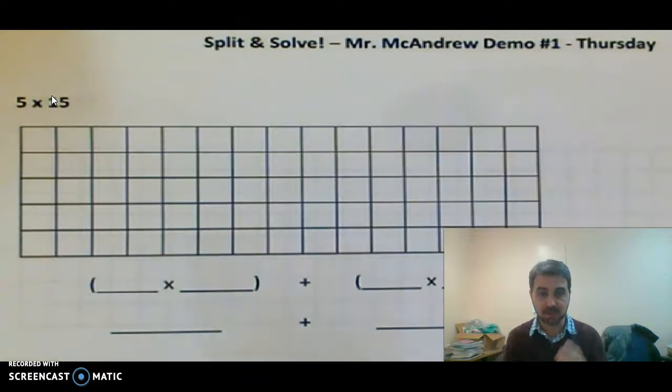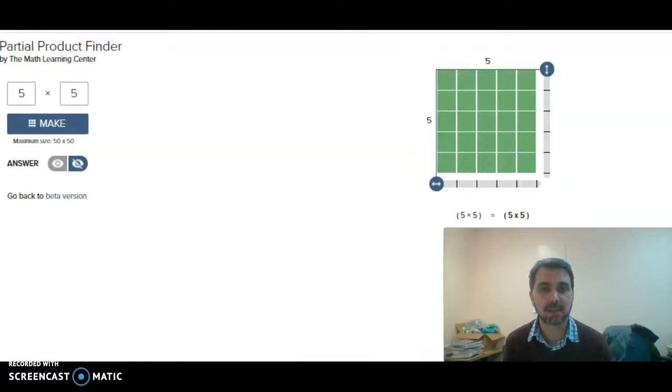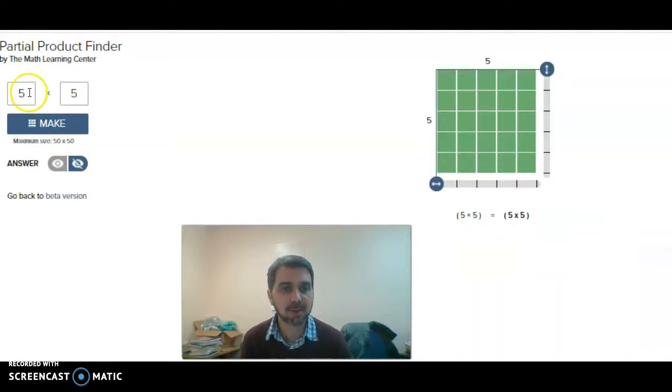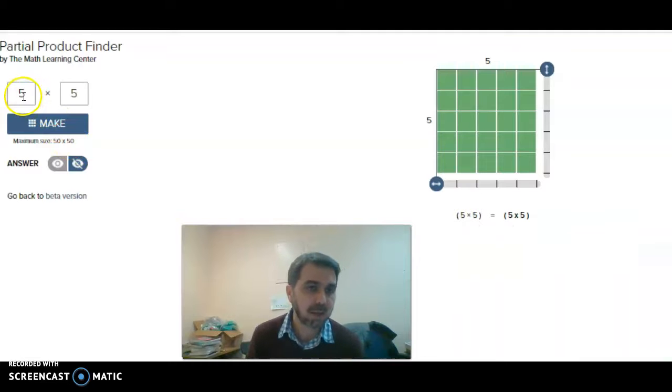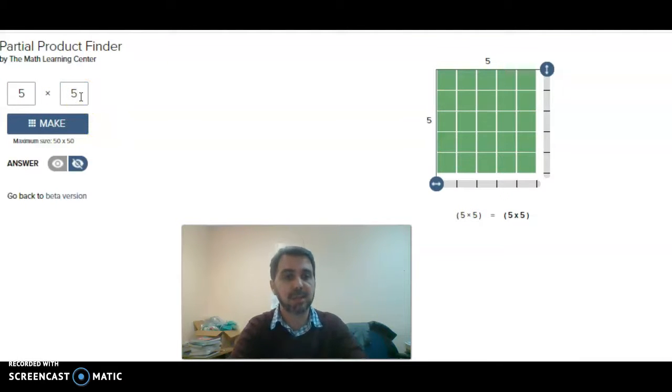Does that make sense? Okay, so to help you understand this, I'm going to use a math app that I discovered called Partial Product Finder. I know, it's a mouthful, but you'll see. Here's how it works. It already says 5 here. I just click here, and you're also going to be using this, so pay attention, please.